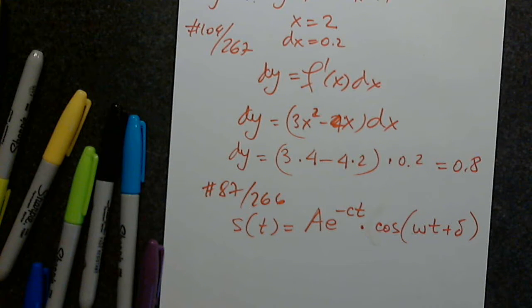So s of t, one more time, is a times e to negative ct cosine omega t plus delta. It represents damped oscillation of an object. Find the velocity and acceleration of the object.